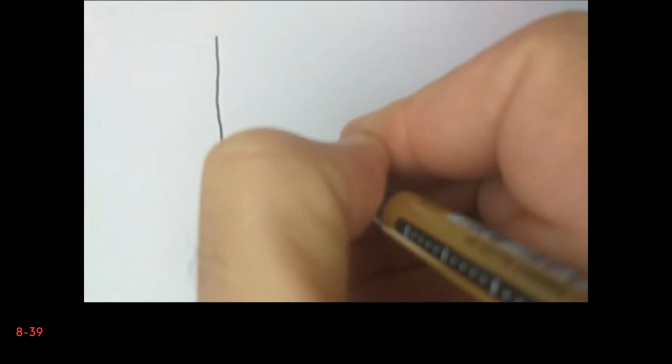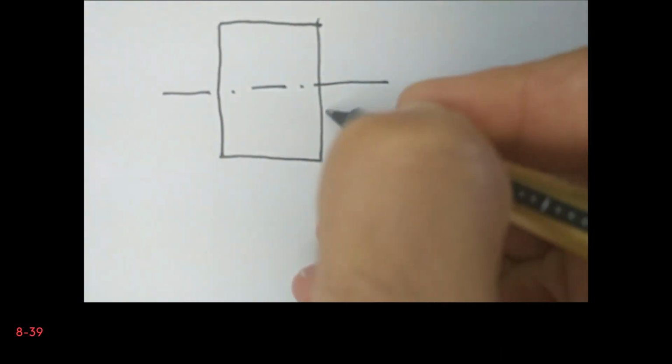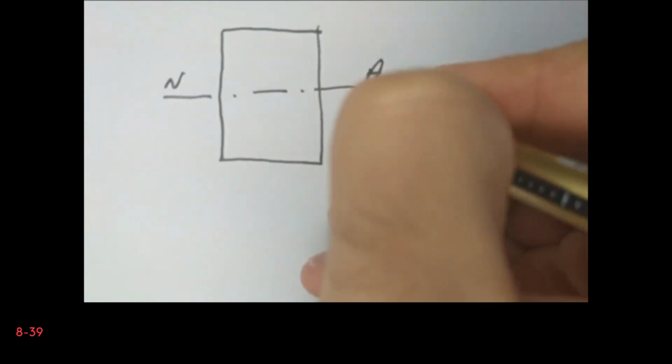Now let's draw our cross section. We have a rectangular cross section. Certainly the neutral axis is just at the center. And we are asked for the point E here.